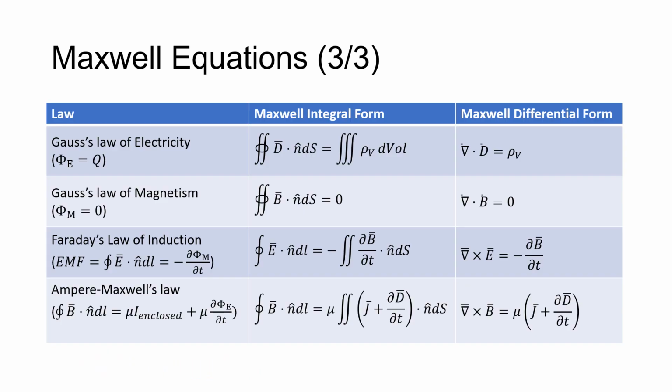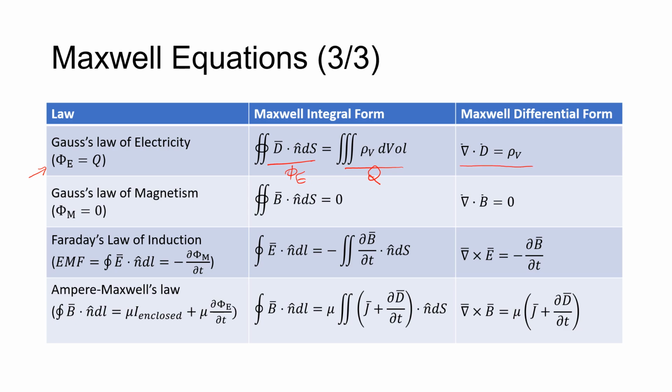So what Maxwell has done is that he brings these four beautiful laws and puts them together, and we have application of the divergence theorem and Stokes theorem such that we can have the differential form. So we started with Φ_E equal Q. We reached that this one is basically the Q, this one is simply Φ_E, and then we applied the divergence theorem and we reached that div D equals rho_V.